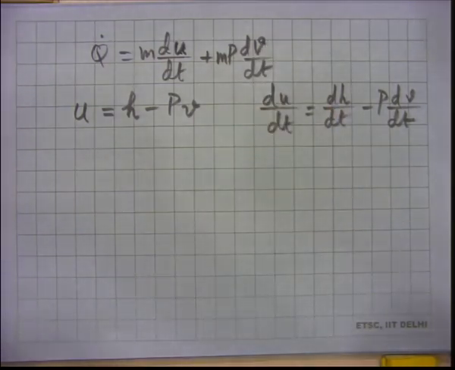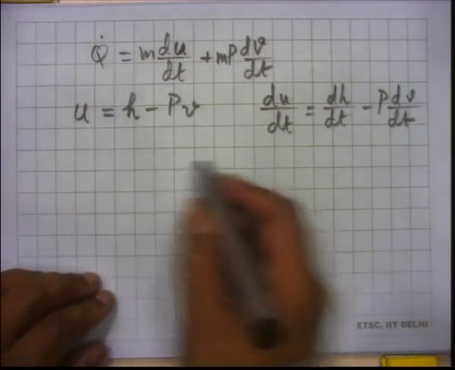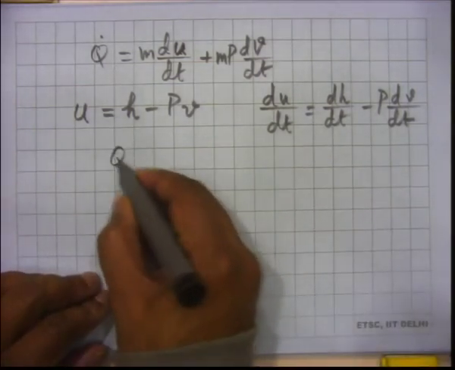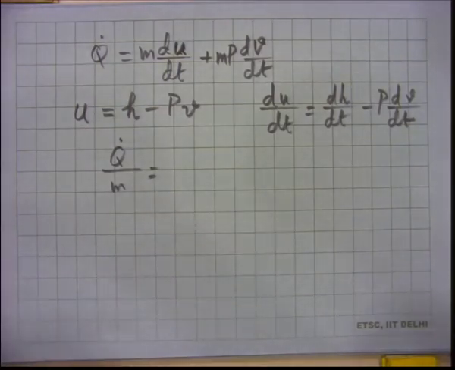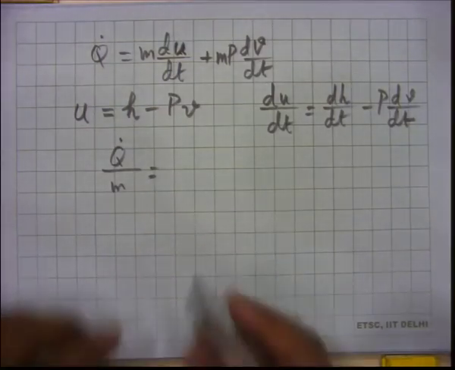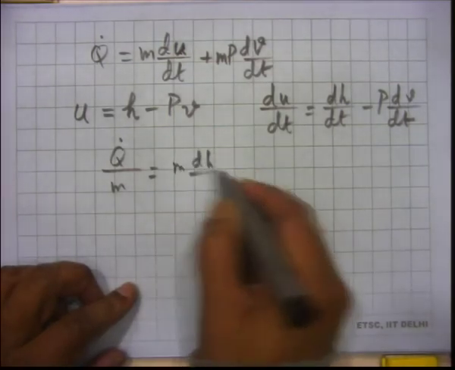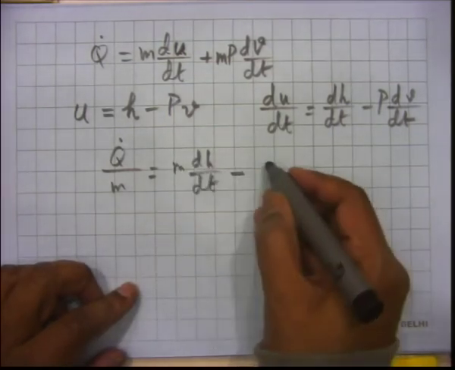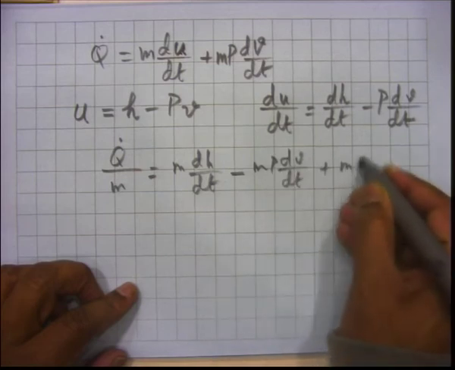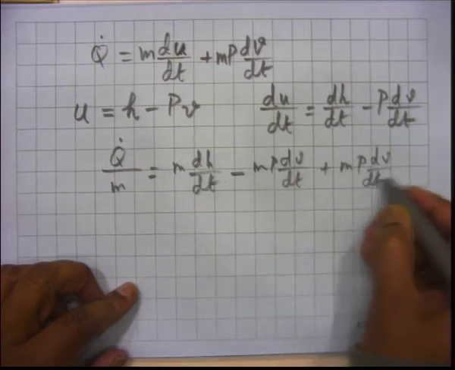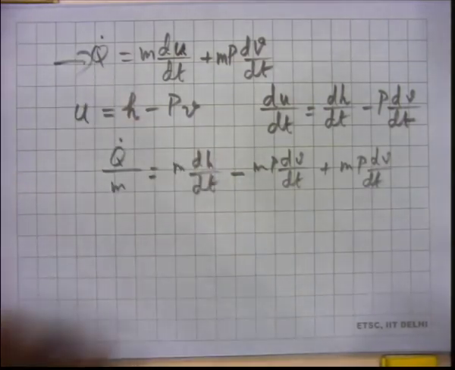So, that makes it better. So, du dt is this. So, that means q dot by m is what now? M dh dt minus mp dv dt plus mp dv dt from this line.